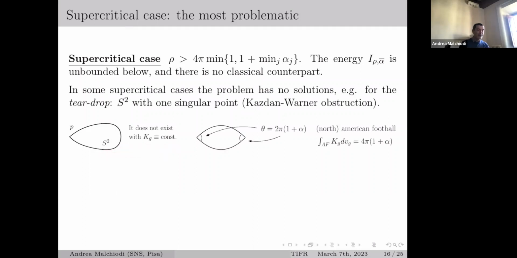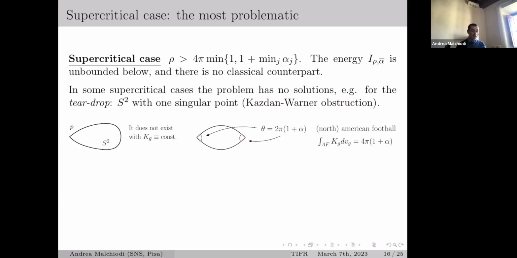On the other hand, there is one prototype singular surface for which you have existence of solutions. It's the lemon, or say the North American football. So the South American football would be round. Okay. In this case, it's still a topological sphere, but with two conical points. Okay.